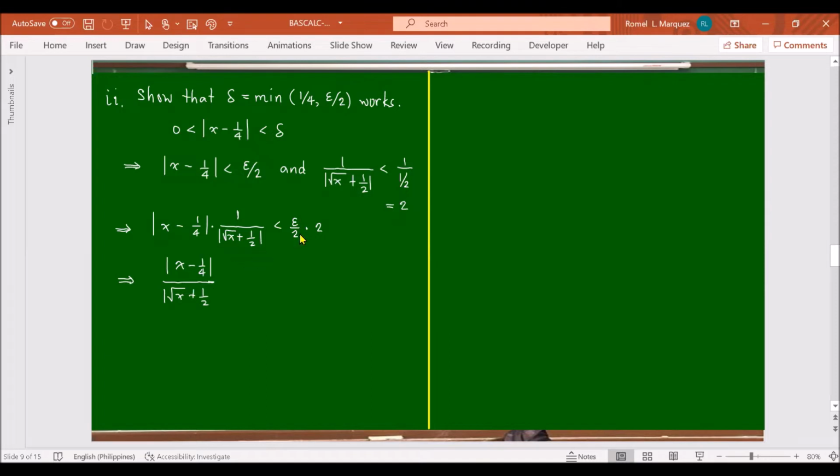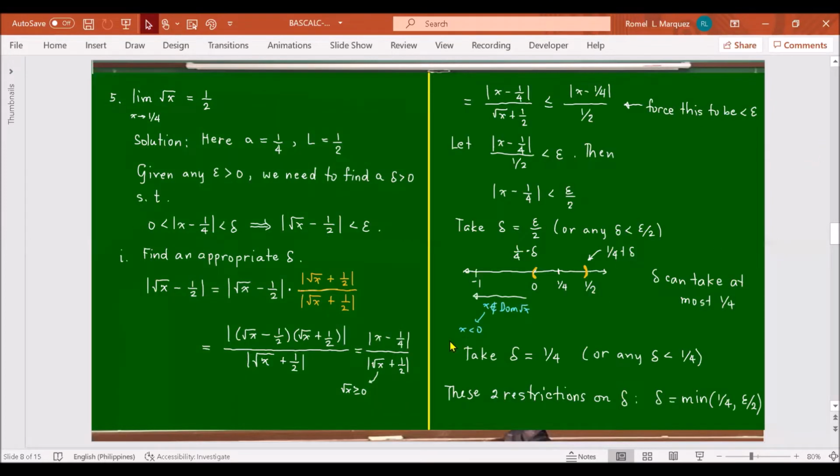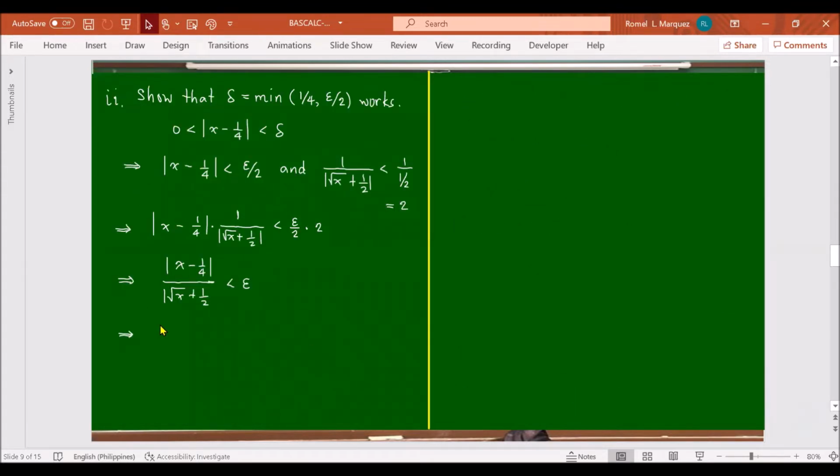So from here, this is epsilon. And we know that this left side, from what we had in our previous solution here, is equal to this or to this. So hence we say that this left side is the same as the absolute value of square root of x minus 1/2.